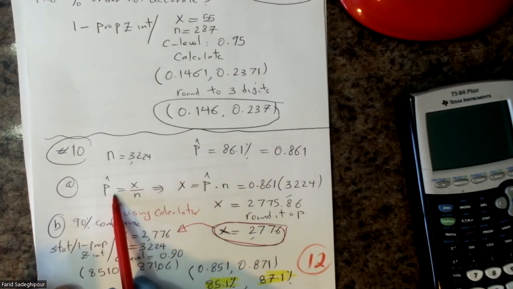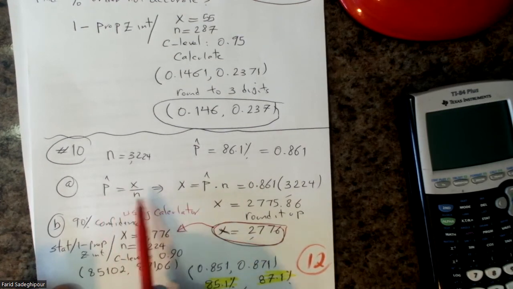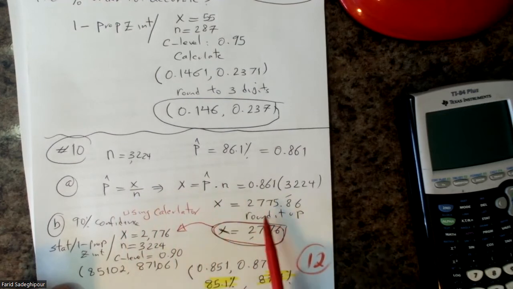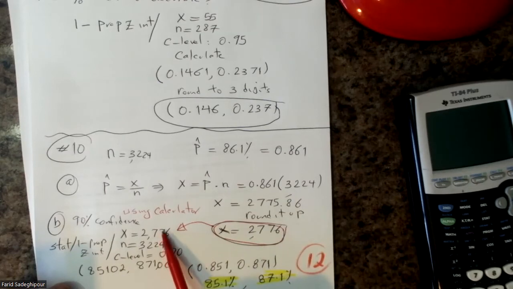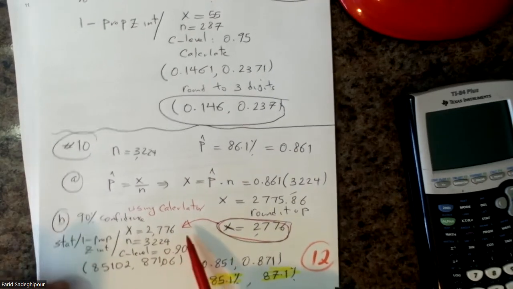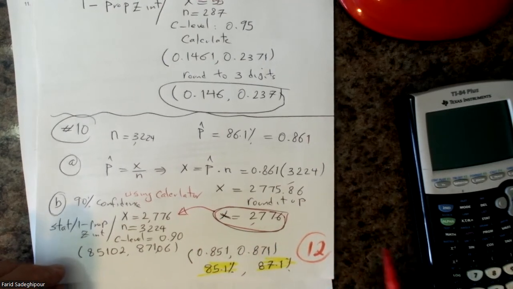If the p hat is given in the problems and you know the n, but you don't know what the x is, you could cross multiply here. X is p hat times n, and you could round it up to a whole number and then use that number along with the other information to find your proportion of population.